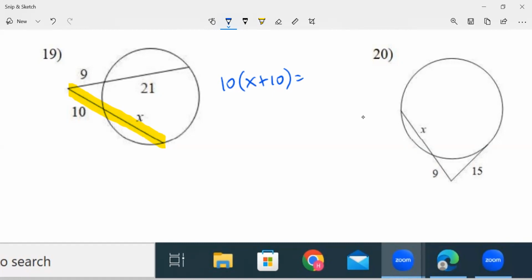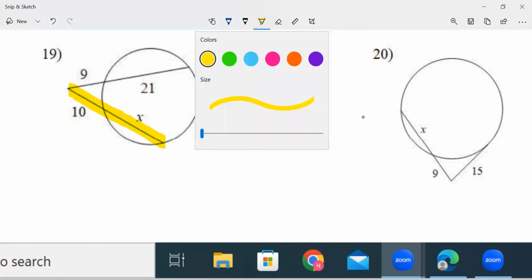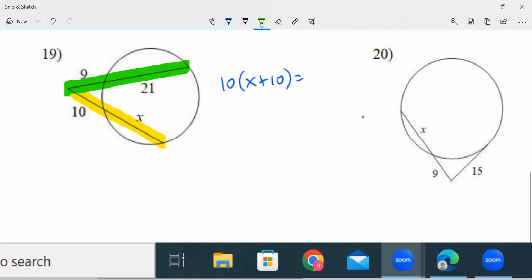Equals. Now let me take a look at my other segment. First thing I ask myself is how much is outside of the circle? 9. Now the whole segment, I can call it, for right now, 9 plus 21. Because remember, I have to combine this, 9 plus 21.